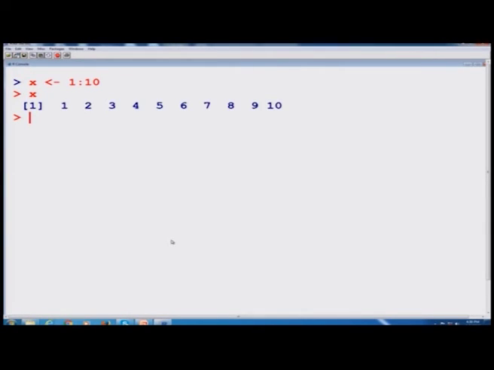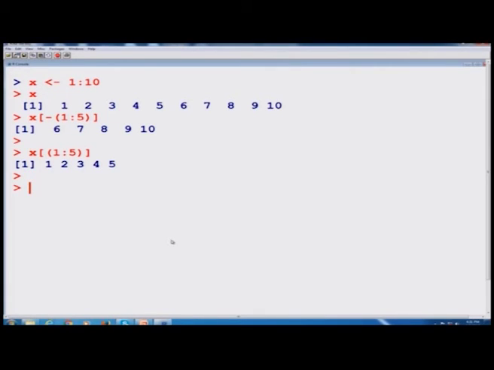You can see this is the value from 1 to 10, and suppose I write x 1 to 5 with a negative sign, then I get 6, 7, 8, 9, 10, and if I write 1 to 5, then I get 1, 2, 3, 4, 5. So, the negative sign is just trying to change the ordering. Instead of starting from 1 to 10, that is starting from 10 to 1.